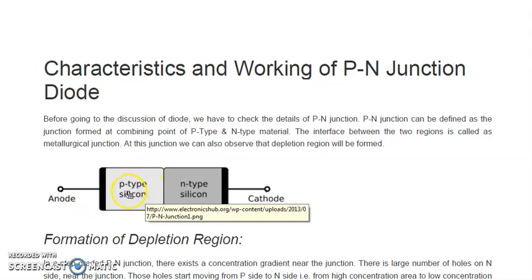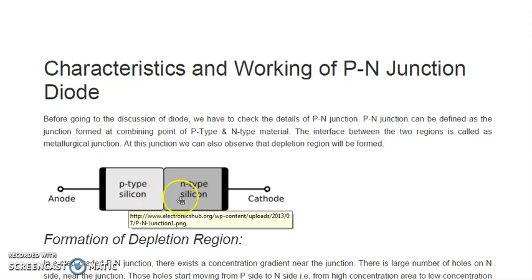That's why it's known as P-type or hole rich semiconductor. In P-type, the majority charge carriers are holes, and the minority charge carriers are electrons. And in N-type there is an excess of electrons as charge carriers, and holes are the minority charge carriers.